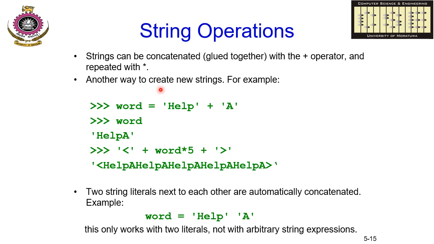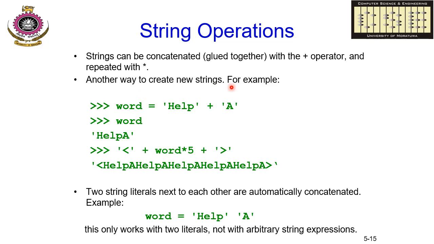We move along with string operations. Concatenation of strings is possible, as well as repetition of strings. Similar to what we did in lists, we can use the plus or addition operator and the multiplication operator respectively to do concatenation and repetition.